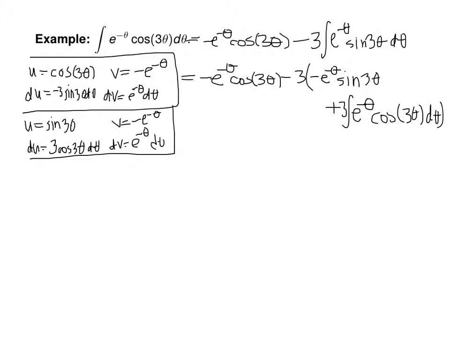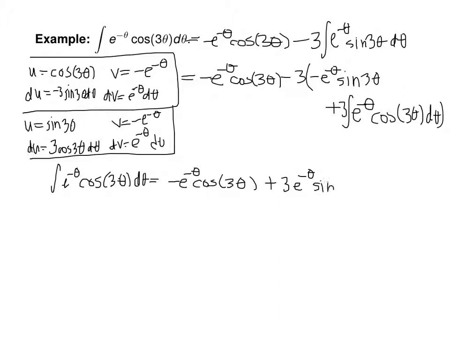So now distributing some stuff out, my original integral, the integral e to the negative theta cosine of 3 theta d theta, is equal to negative e to the negative theta cosine of 3 theta plus 3e to the negative theta sine 3 theta minus 9 times the integral e to the negative theta cosine 3 theta d theta.